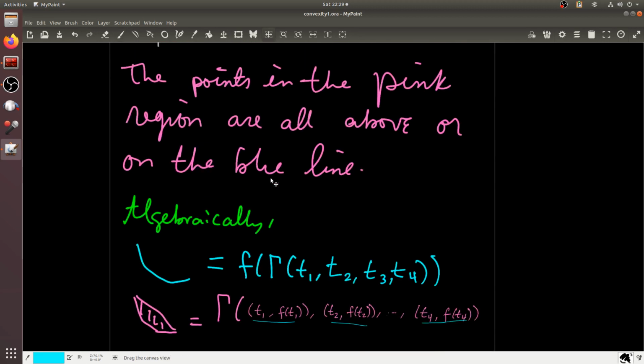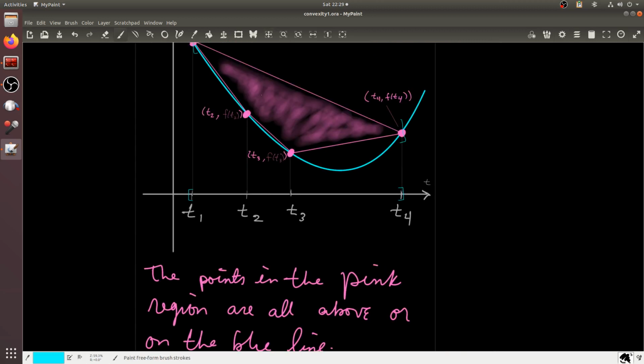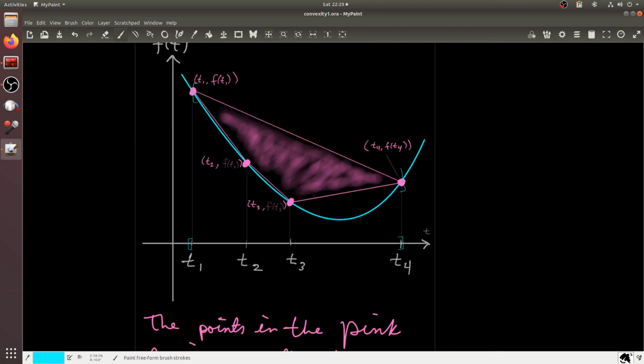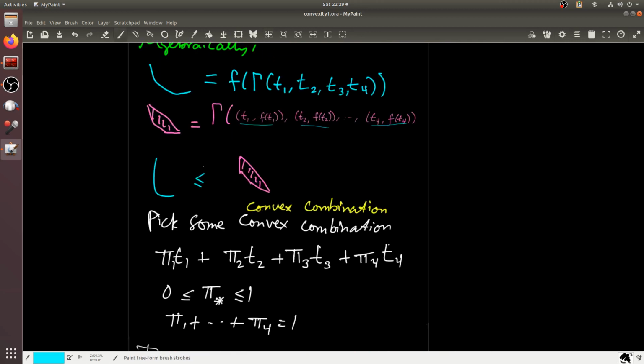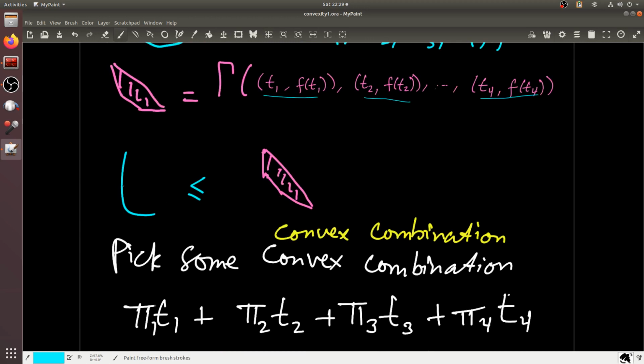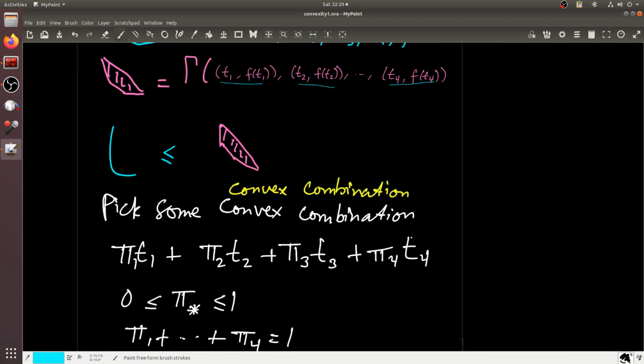So, we established the pink region is the convex hull of these points, and all Jensen's inequality is saying is that the pink region is always on or above the blue curve.